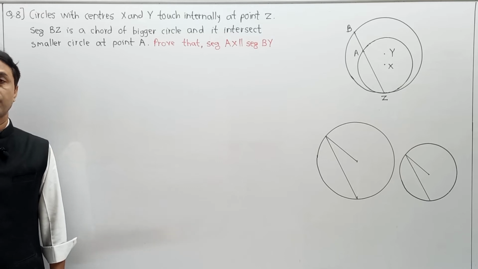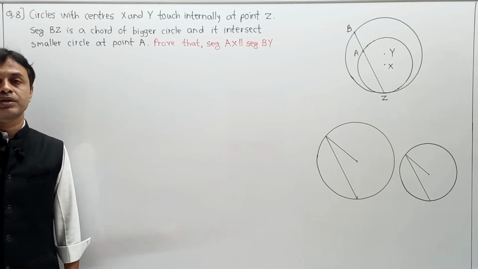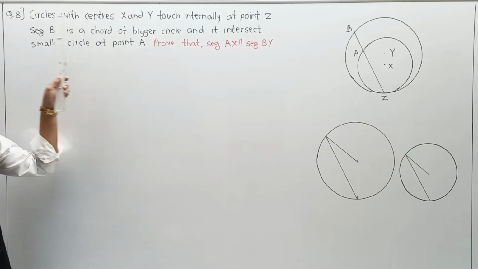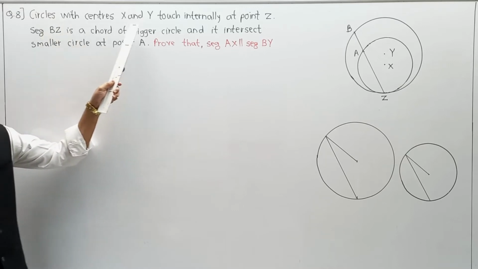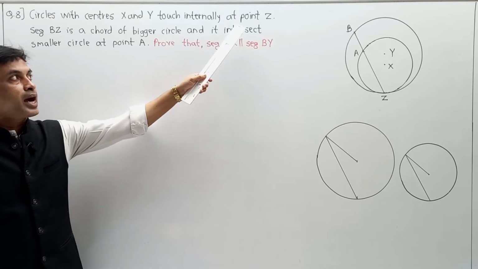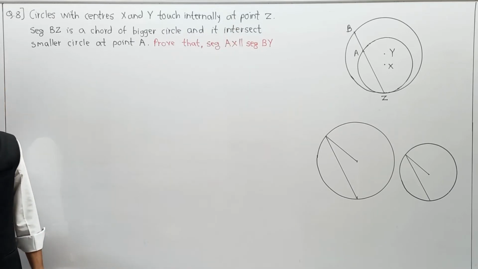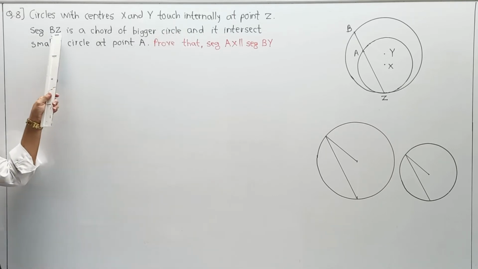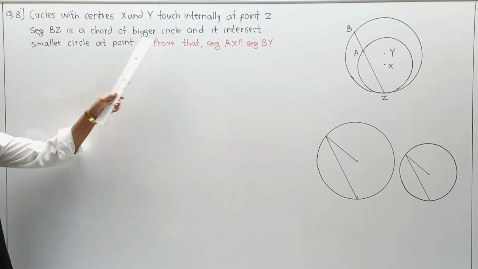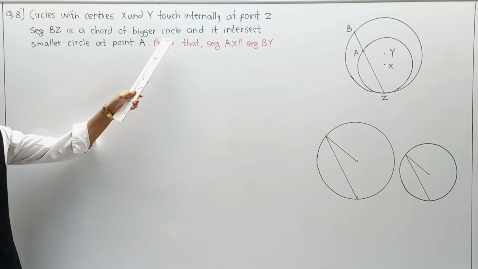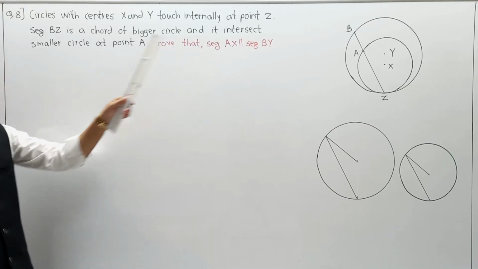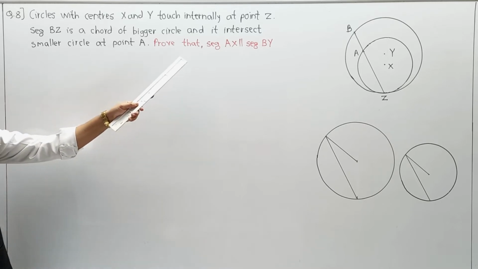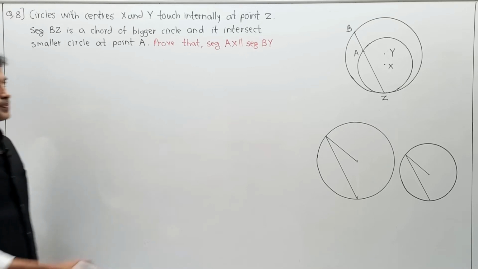Now we are in the problem set of chapter number 3, Circle, and in that case question number 8 is: circles with centers X and Y touch internally at point Z. Means there are two circles having centers X and Y touching each other internally at point Z. Segment BZ is a chord of the bigger circle and it intersects the smaller circle at point A. Prove that segment AX is parallel to BY.